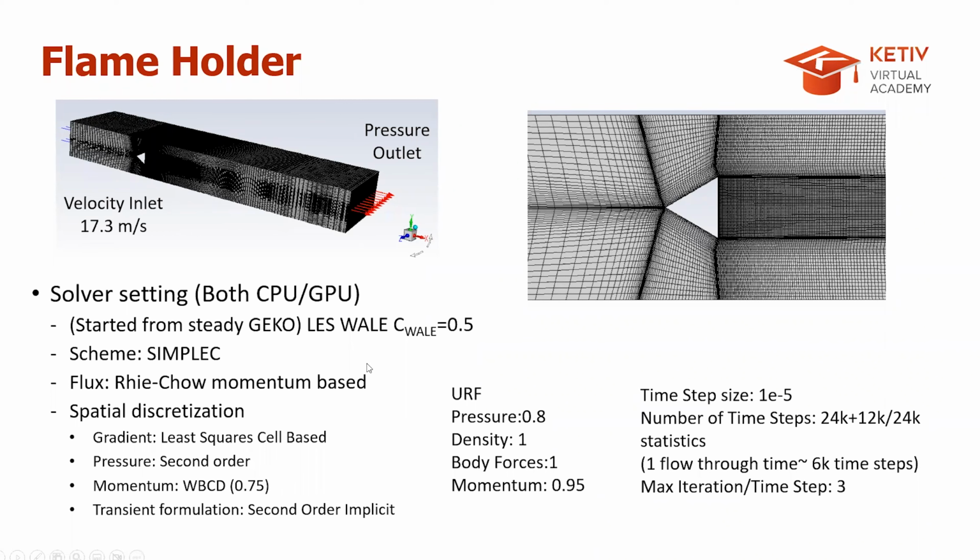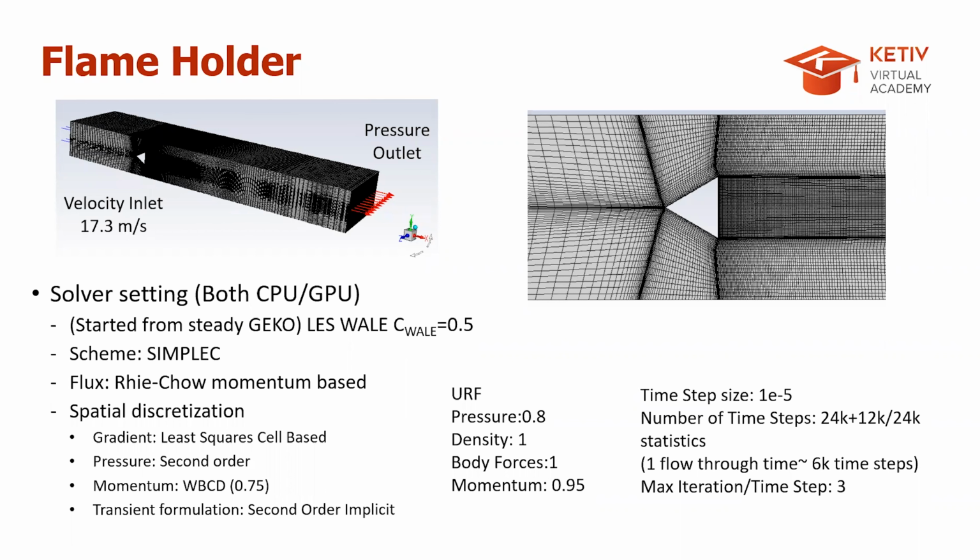The reason why this is a little bit more complicated than the previous two validation cases is because we are using a fully LES mode of solving for the turbulence over here. We are using a SIMPLEC scheme for doing this simulation. We started with the steady state case, and then it switches to a transient case after we get to a reasonable solution. Some other settings are mentioned here on the slide.